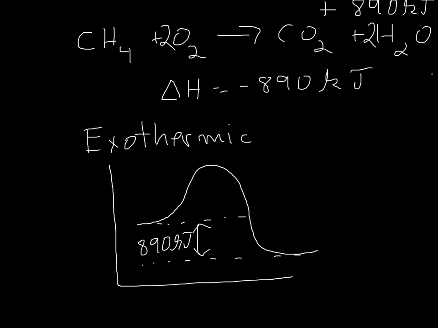If we take the difference between the energy of the products over here and the reactants, that difference is going to be 890, and because the products are lower in energy, it's going to be minus 890. So you should familiarize yourself with these two graphs and these terms and how they're put into the equations, and the OWL exercises 8.4 will give you some practice in doing that.